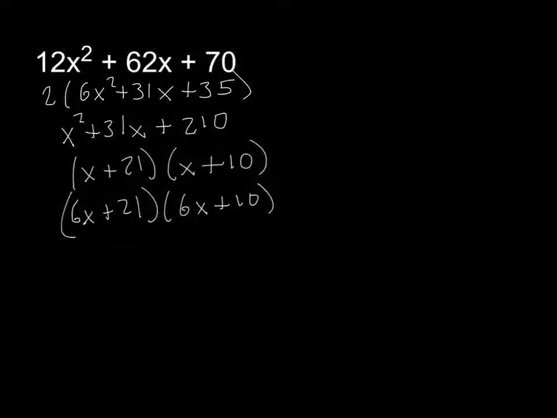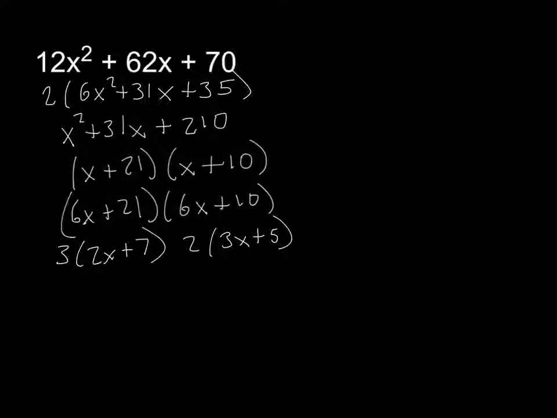Now in that first binomial there is a common factor of 3. We factor that out, we get 2x plus 7, and there's a common factor of 2 in the second one, which is going to give us 3x plus 5. Now, we got an extra 6 in here now.